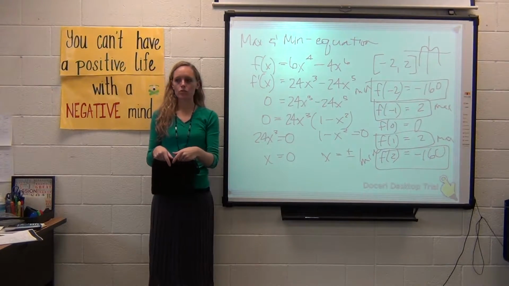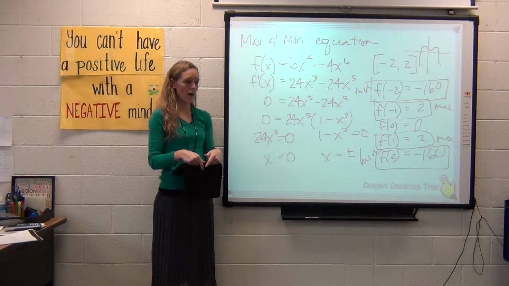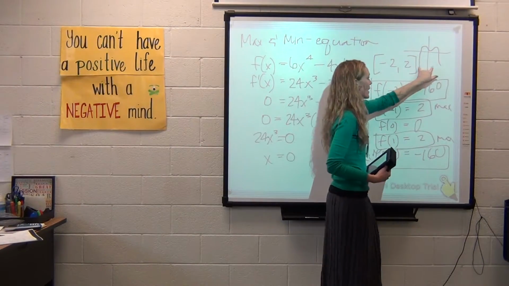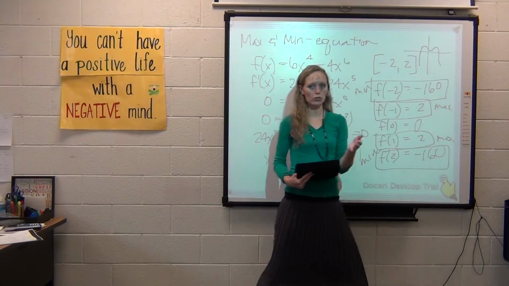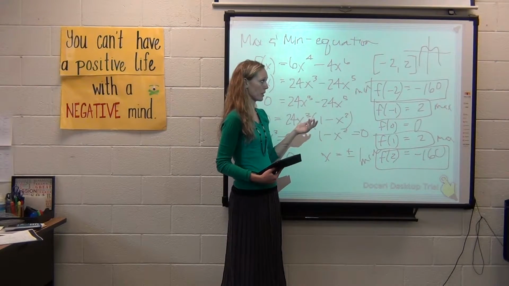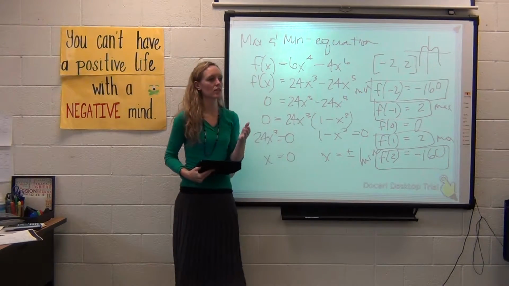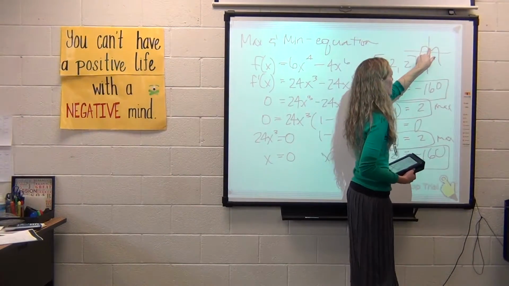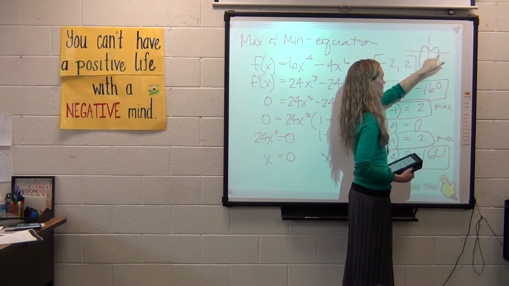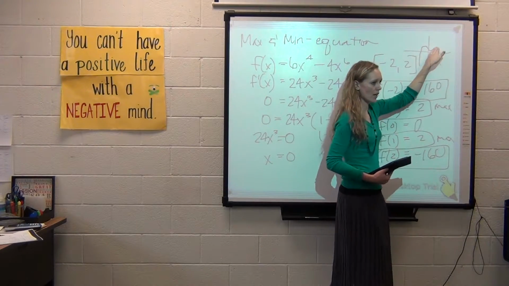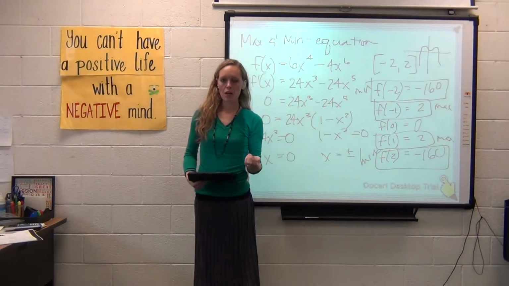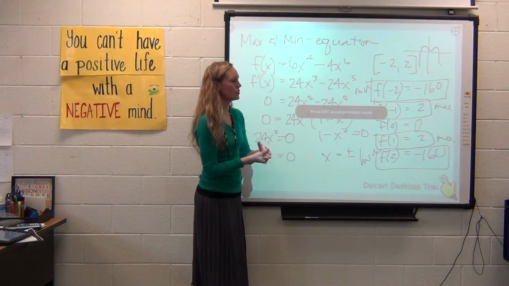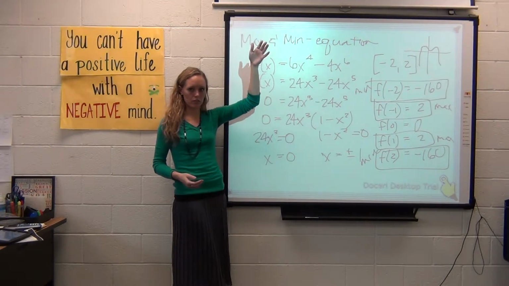Absolute max and min values only happen on a closed interval. That's when you're going to be asked about absolutes, because endpoints can be considered absolute extremes, like maxes or mins. Local maxes and mins come into play when you're just looking at a function and trying to determine if there's some kind of point where it goes up and goes back down, or goes down and comes back up. Those are local. An absolute is the absolute highest it ever goes.